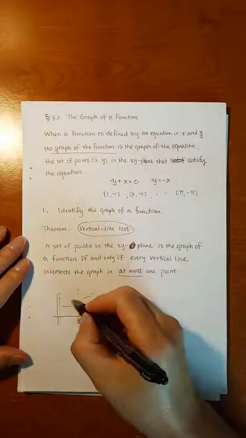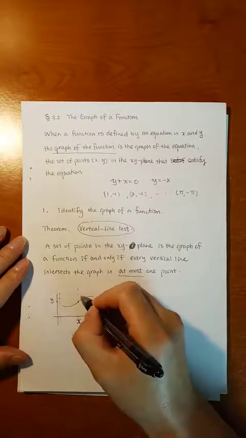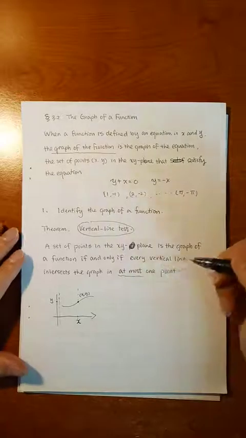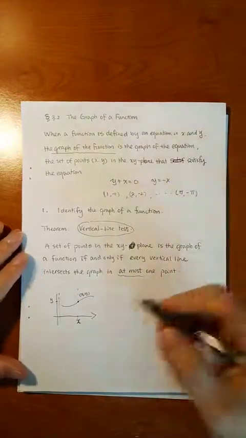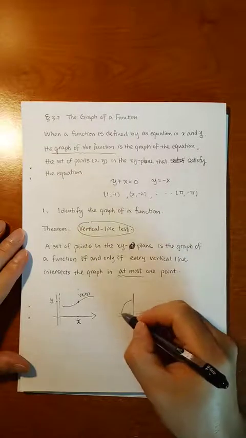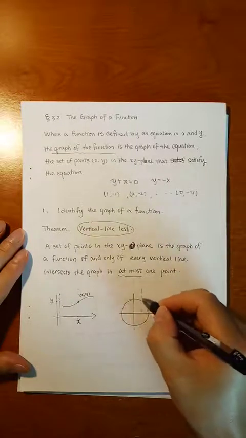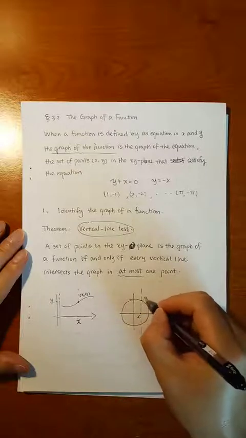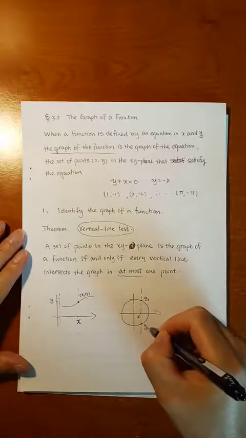Okay, so this point x, y is on a graph. And if you have, for example, this one, you see this x has multiple corresponding images.